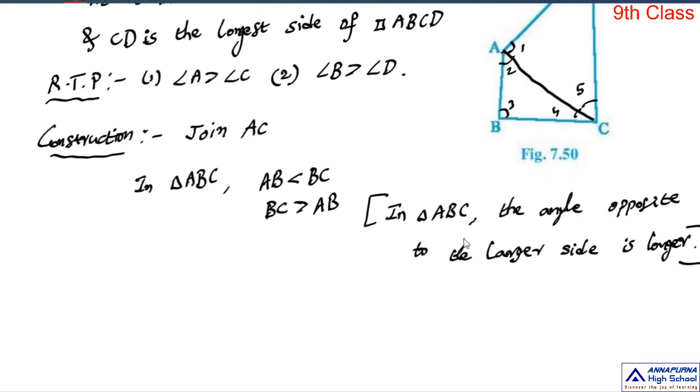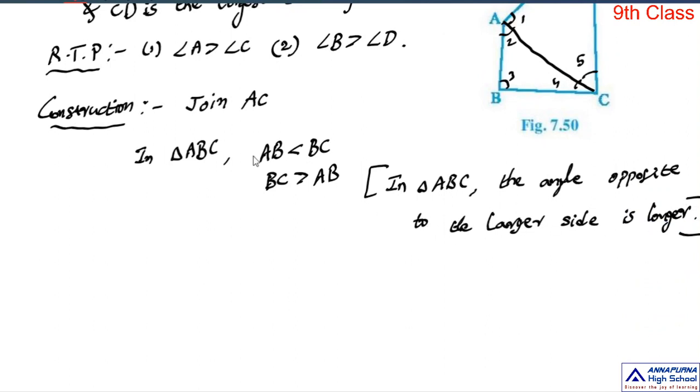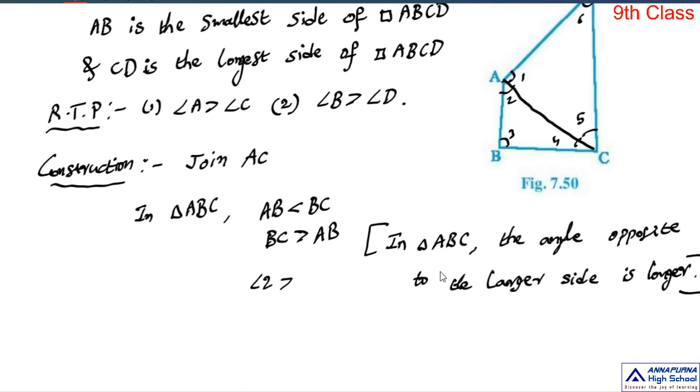Next, the angle opposite to side BC is angle 2, which is greater than the angle opposite to side AB, which is angle 4. Since BC is greater than AB, angle 2 is greater than angle 4. This is the first inequality, the first condition.